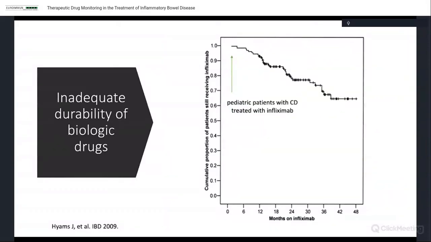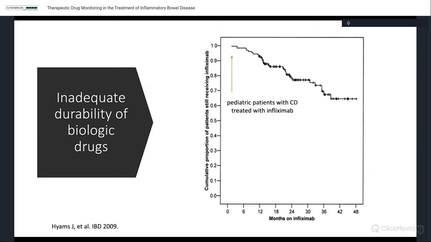Another problem with using biologics to treat IBD is durability. How long will the drug continue to work for a patient? This is a graph showing pediatric patients across multiple centers treated with infliximab for Crohn's disease. Most were treated with standard dosing of infliximab.